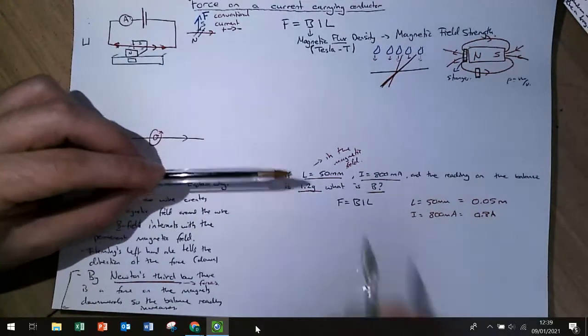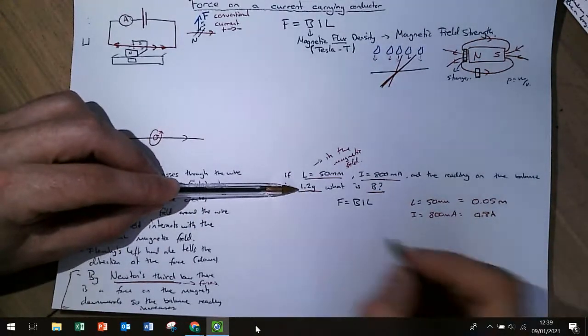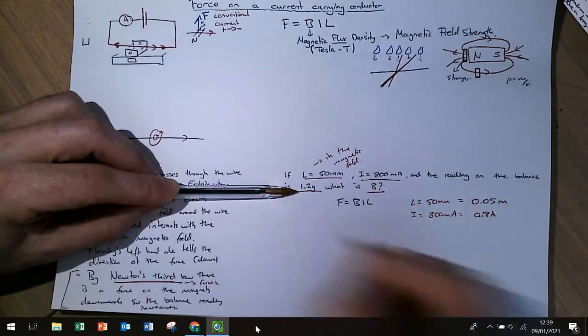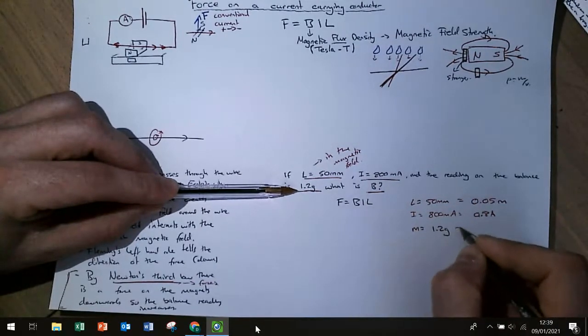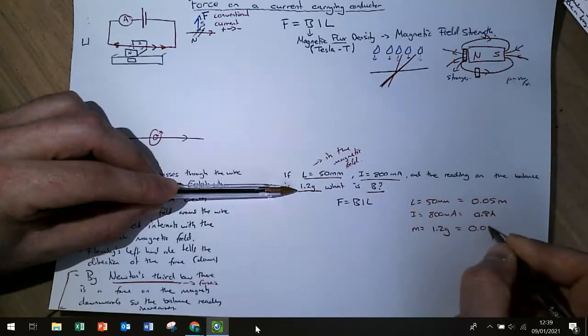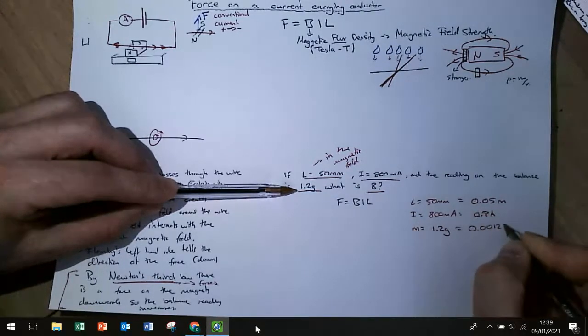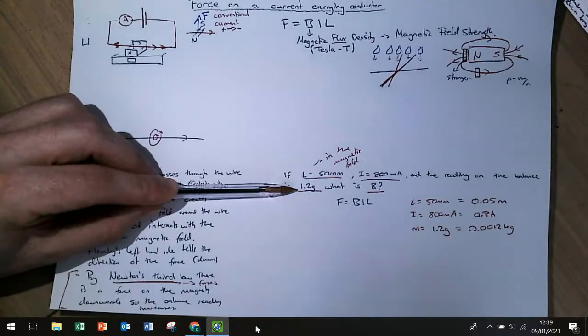B is what we're trying to work out, and force. We haven't been given force. We've been given mass. And again, we don't want mass in grams, we want it in kilograms, so we divide by 1,000 to get it into kilograms.